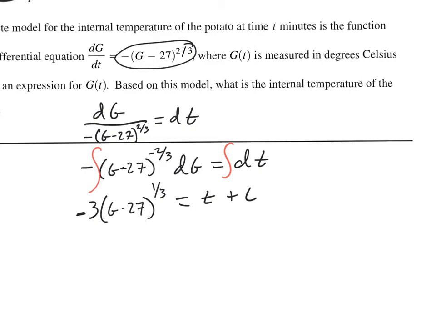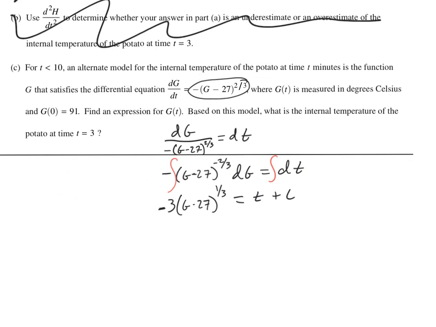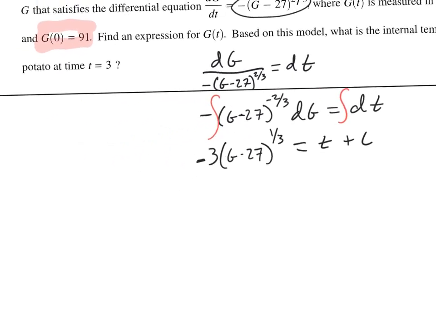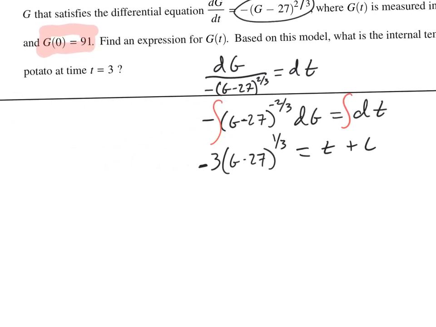All right. Let's back up. Why are we doing this? Well, we're trying to come up with g all by itself. And look at this. They gave me some very important information right here. They told me g of 0 equals 91. So if g of 0 equals 91, we know that when the time is 0, the g is 91.